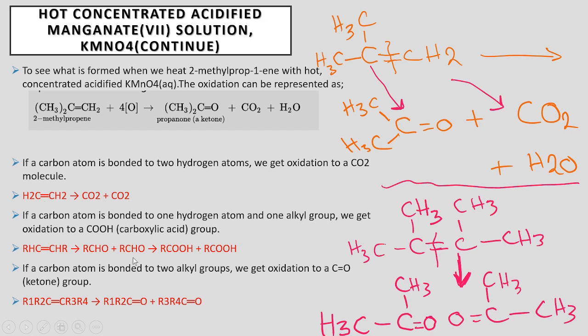Here there is a formation of an aldehyde which further converts into a carboxylic acid, and here a ketone is formed. In the same way there is a ketone here, but this CH2 converts into carbon dioxide because it contains only hydrogen. Here there is a formation of a ketone because both carbon atoms have two methyl groups present.